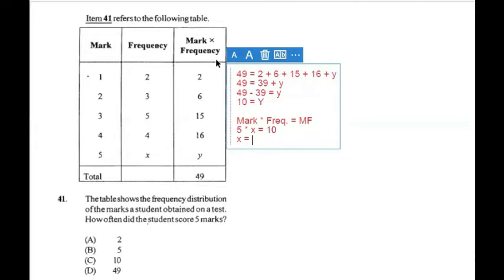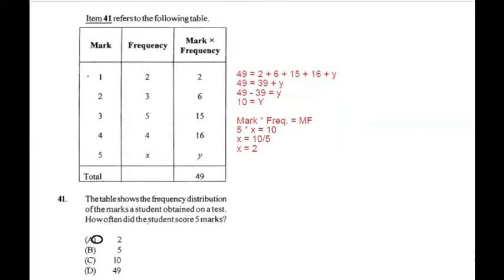Therefore x is equal to 10 divided by 5, and x is equal to 2. So our answer for 41 is A, which is the number 2.